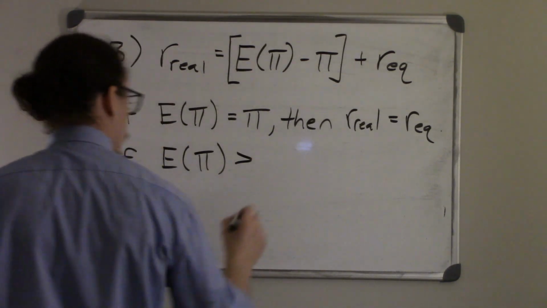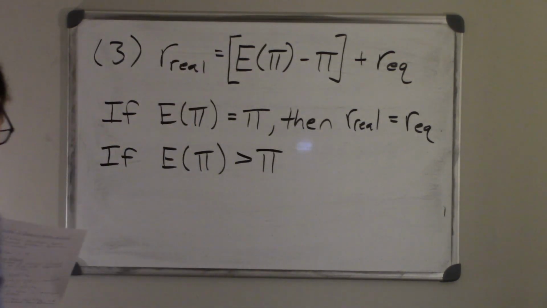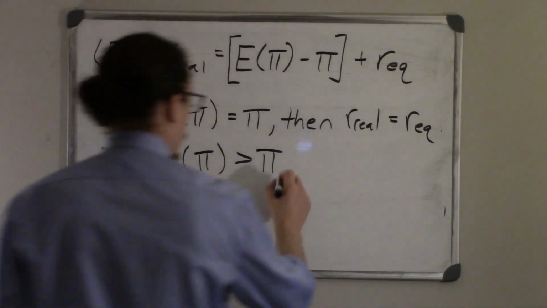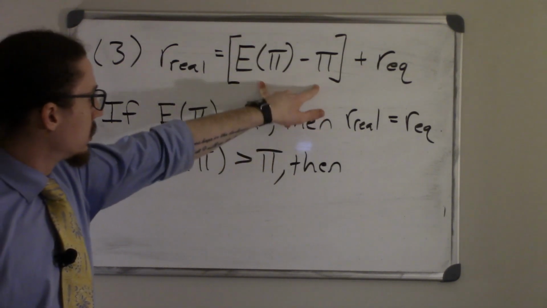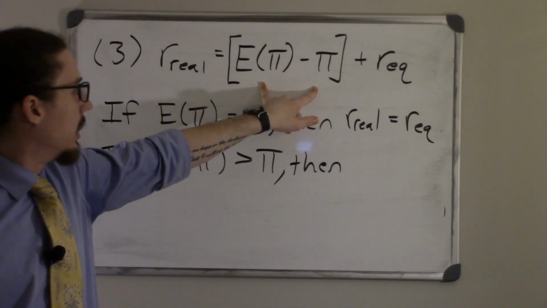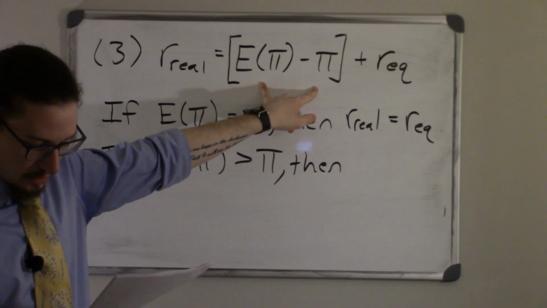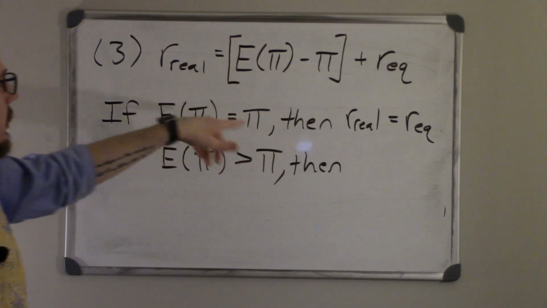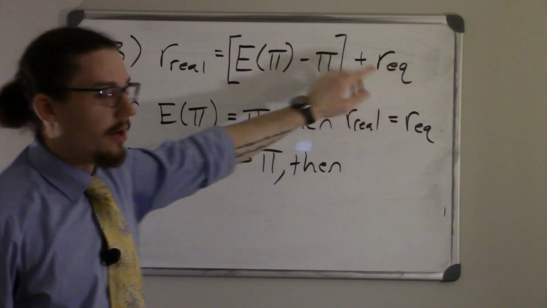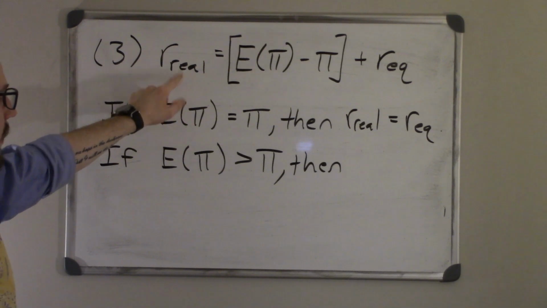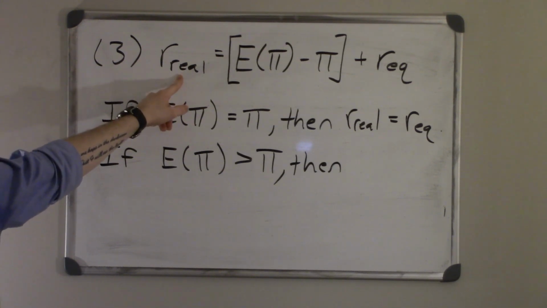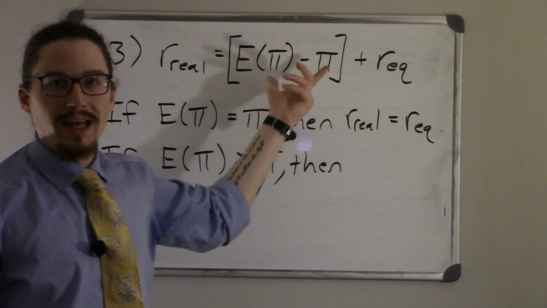All right, what does change things is when the expected value of the inflation rate is greater than the actual inflation rate, then this term in the brackets is going to be positive. All right, so that means if the equilibrium rate plus something else is equal to the real interest rate, that must mean that the real interest rate is greater, right?